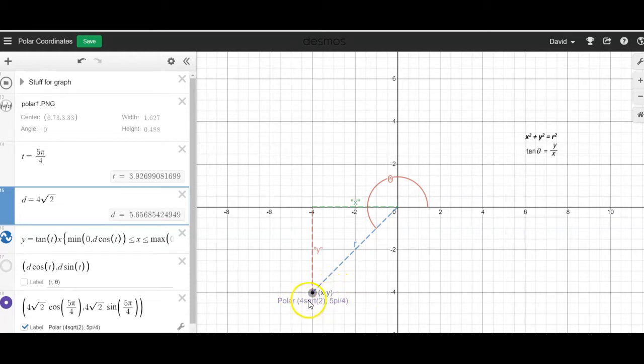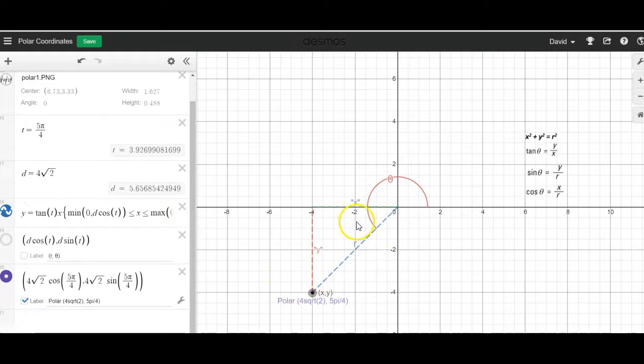rectangular to polar. Now, switching from polar to rectangular, how would I go from something that looks like this, 4 square root of 2 comma 5 pi over 4, how would I go from that to knowing that that is this? Well, if we remember that in this triangle, the sine of the angle is opposite y over hypotenuse r, and cosine is the adjacent over the hypotenuse.